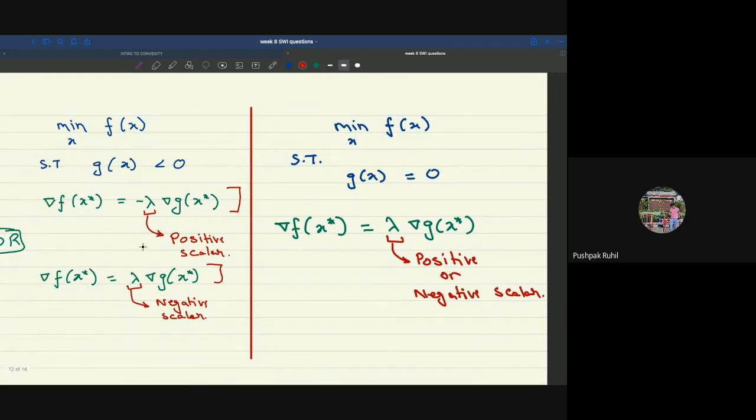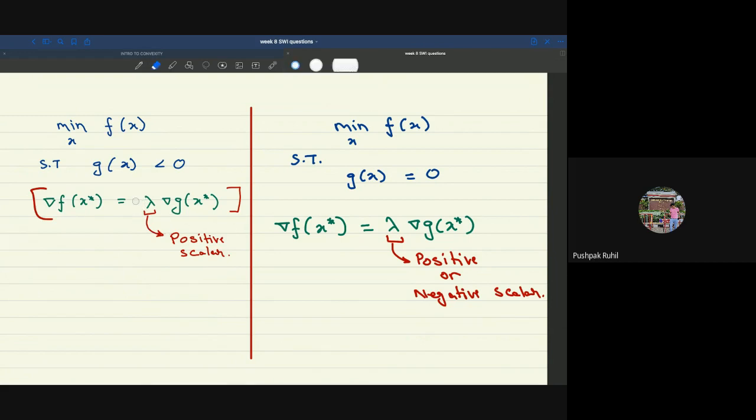Consider any one of these, either the first one or the second one. You can see that we are restricting the range of this lambda. If we have the constraint that g of x needs to be less than 0, let's for the time being assume that only the first thing is what we have.